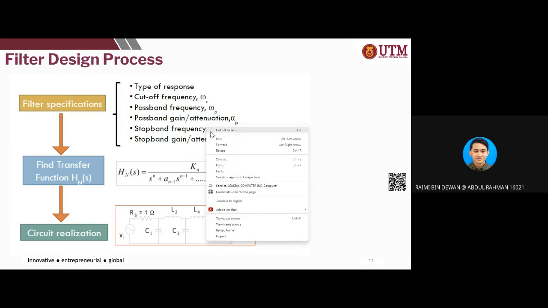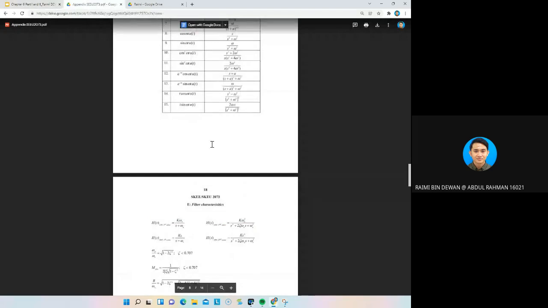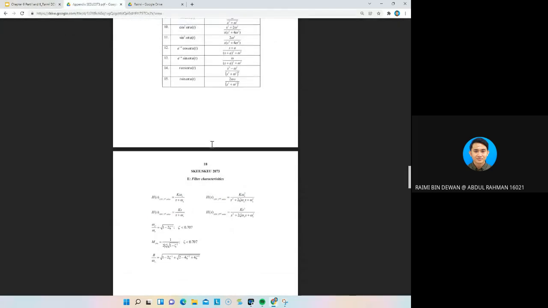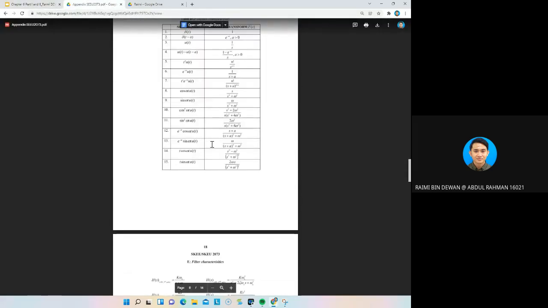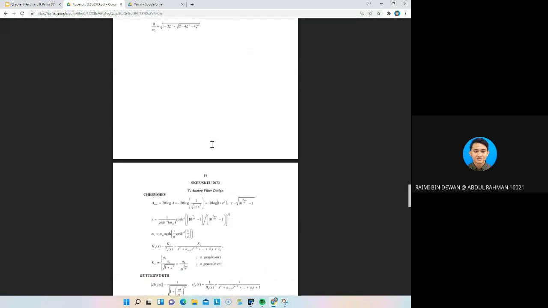So before we proceed, you can see from our table our filter responses. So this is your Chebyshev and this is Butterworth.